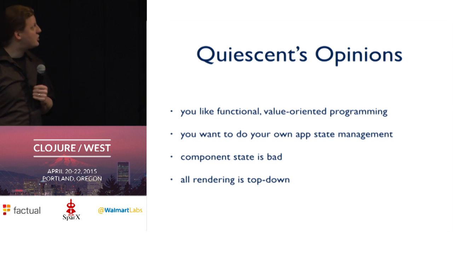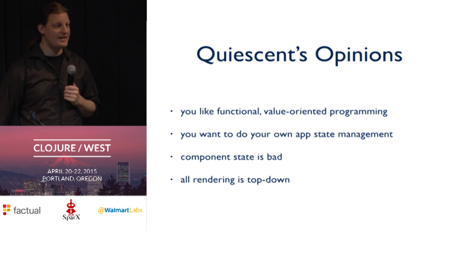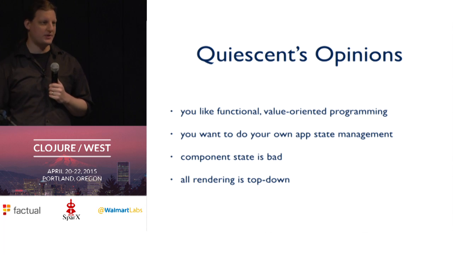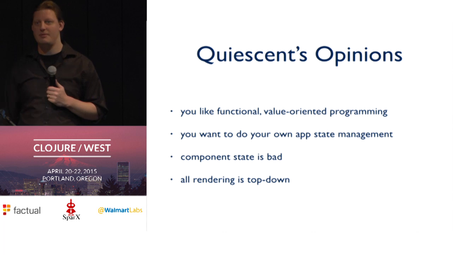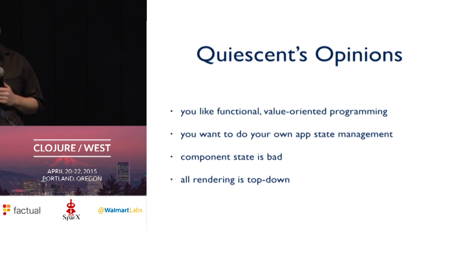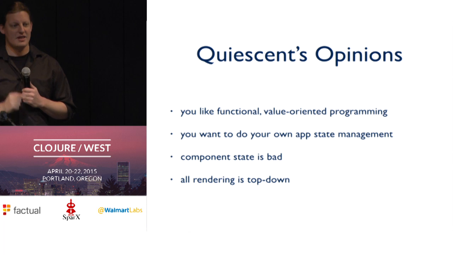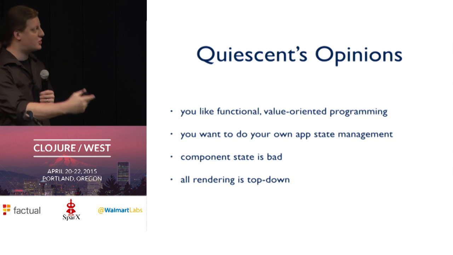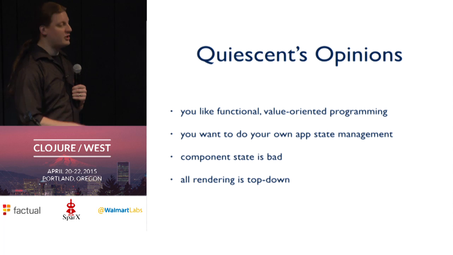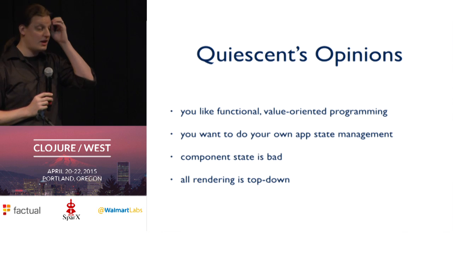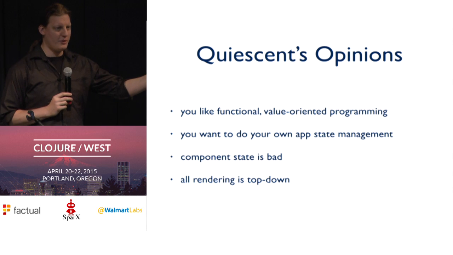Quiescent also has an interesting opinion. Component local state is bad. We don't want a bunch of state living in a bunch of components all over the place. And this is a controversial opinion. It makes certain things, granted, a little harder to write. But it also means that we're adhering closer to the idiom that the view is a function of the state. All rendering is top-down. So when you render a Quiescent application, you have your application state, you re-render that into a view.